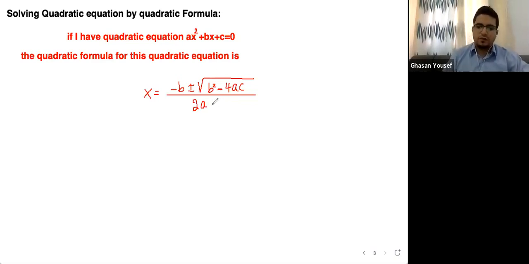But before solving the quadratic equation by this quadratic formula, we should first check the discriminant. Before you use this equation, you have to check something called the discriminant.